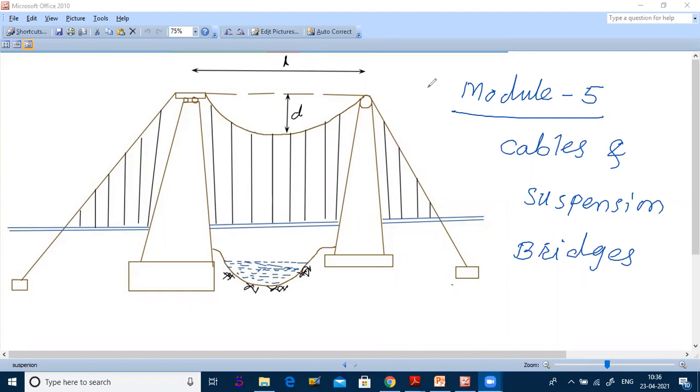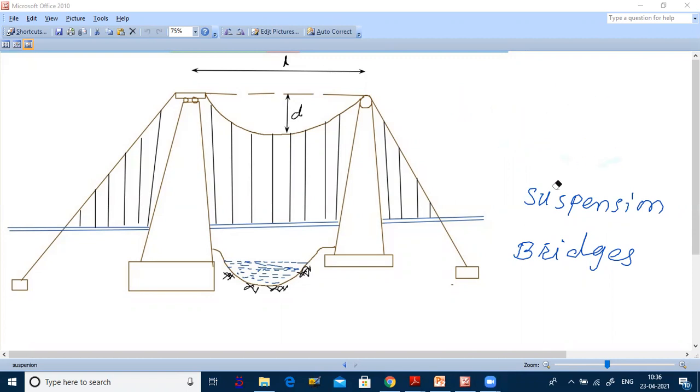Okay, module number 5, cables and suspension bridges. Okay, heading दिलात का?